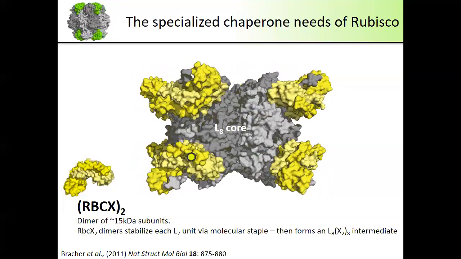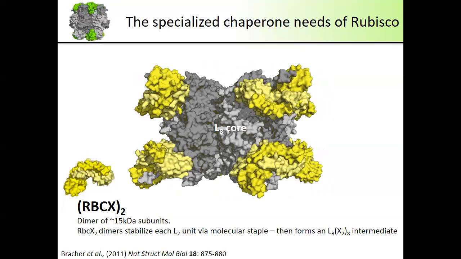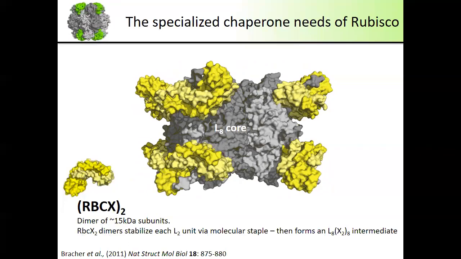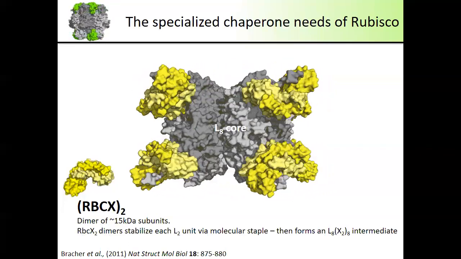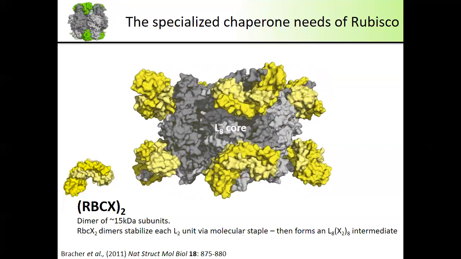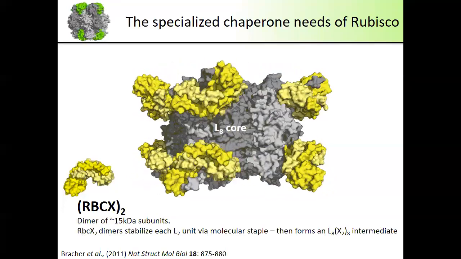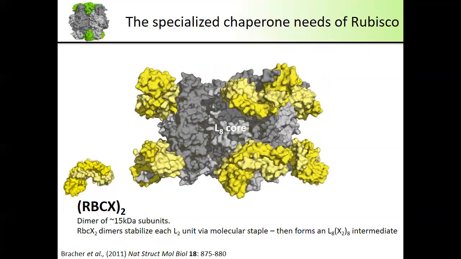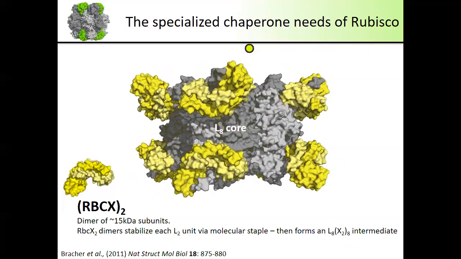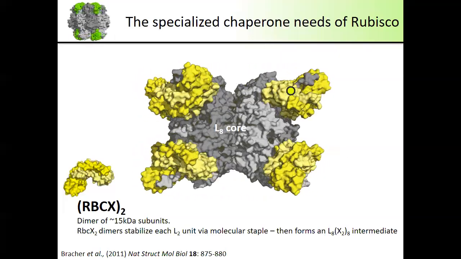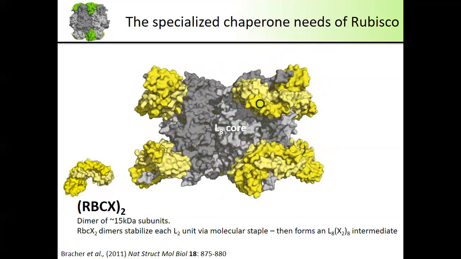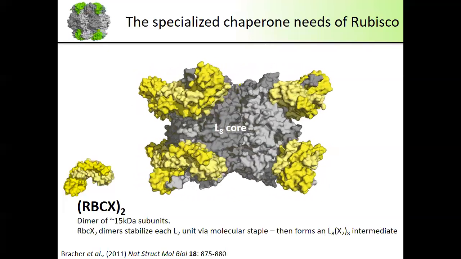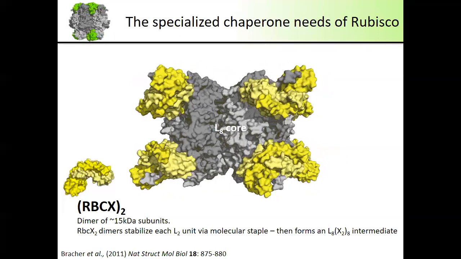And what they showed is that it actually binds to the C-terminus of your nascent large subunits, and they staple the dimer of larges, which arrange head to tail, and then enable the formation of the octameric core with another 16 BSD2 subunits around there. So you can see here that this provides great room for the small subunits to come in and bind at the top, and then, in theory, displace the bound RBCX. And that was the working model back in 2007 through to 2012.